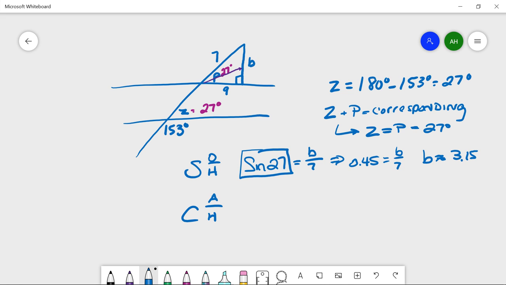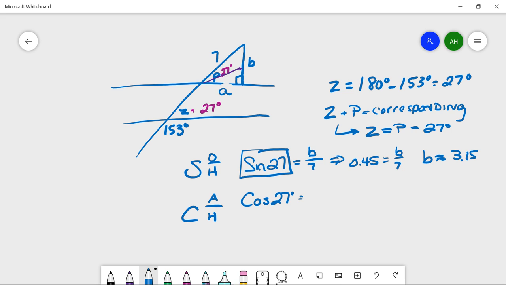All right. For C, I'm going to have that the cosine of 27 degrees is going to be equal to that adjacent angle, all right, which is an A. It looks like a 9. I wrote it as a 9. That should actually be an A. Sorry, guys. So this right here should be the letter A, not the number 9.